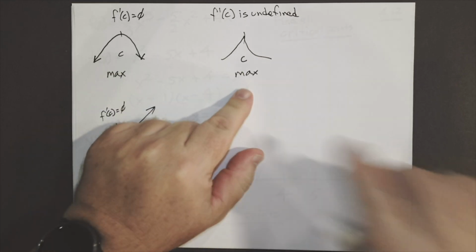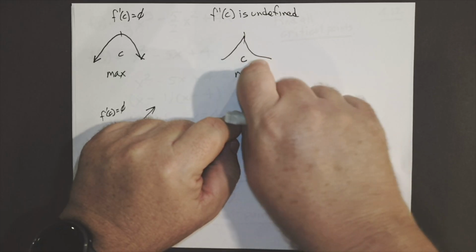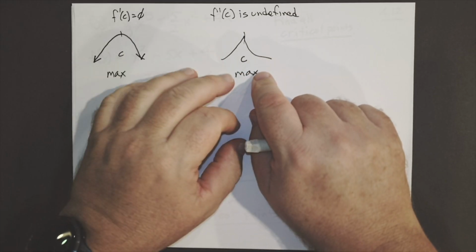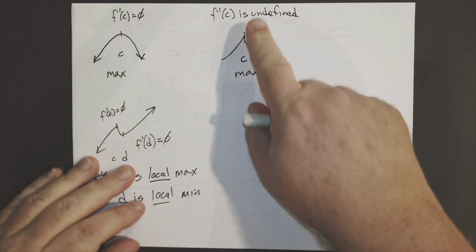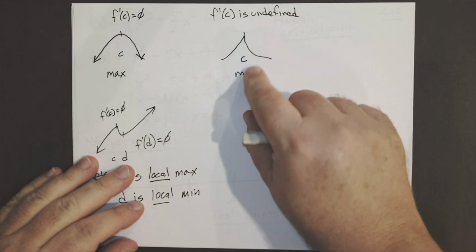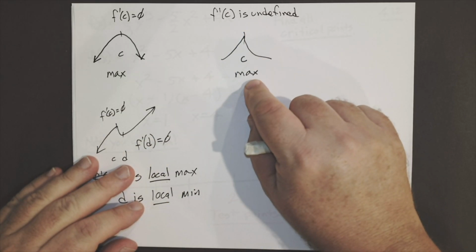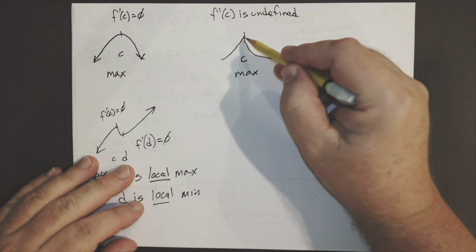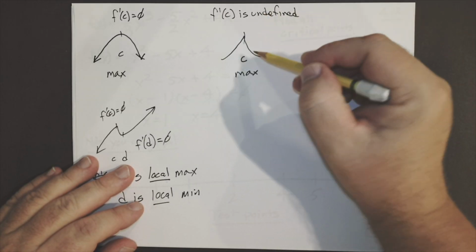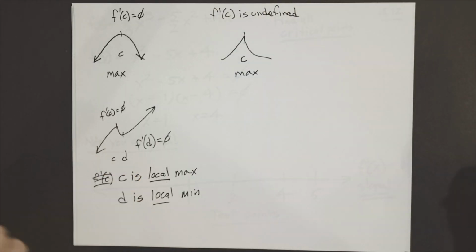Over here, we have a cusp. This is one of those undefined situations. In this case, the undefined situation does not mean it isn't a max. The slope is not 0 here, but it is also a max, so it can be or cannot be.